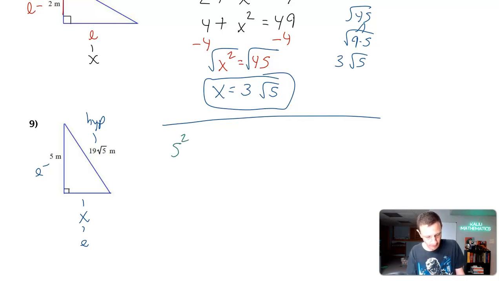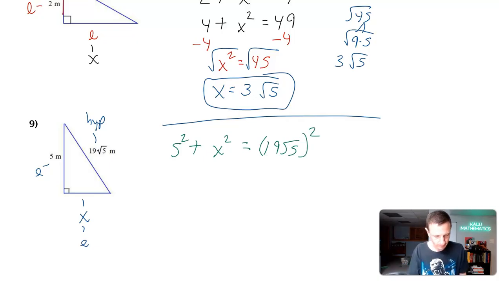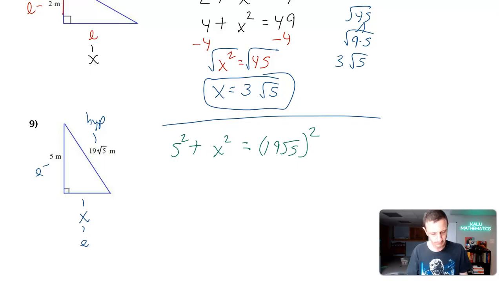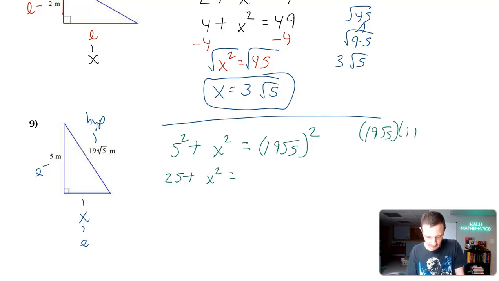So leg squared plus the missing leg squared equals the hypotenuse, 19 square root 5 squared. 5 squared is 25 plus x squared. Be careful here. 19 root 5 times 19 root 5. We're squaring that. So that's 19 times 19, which is 361. Then we also want to multiply that by 5, which is 1805.